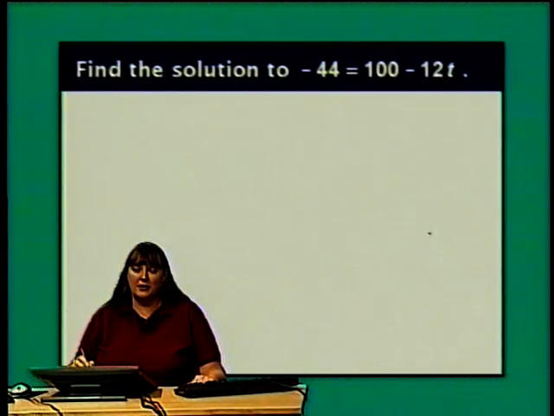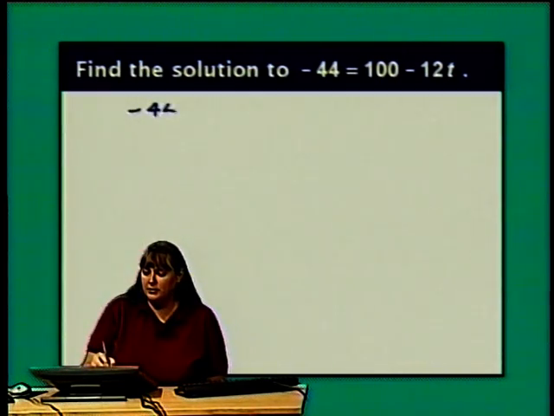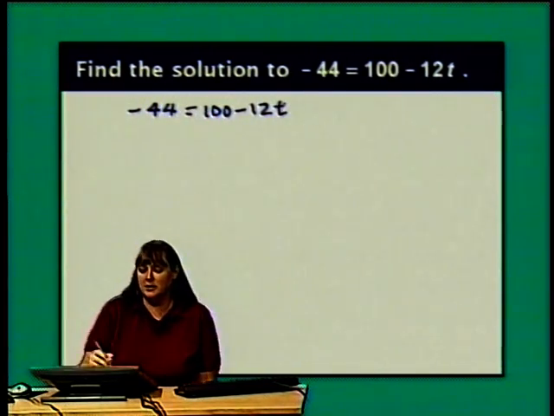So let's use this strategy to find a solution to negative 44 equals 100 minus 12t. So I start by noticing that I have a variable term, negative 12t, on the right-hand side. I'm going to move my constants to the left-hand side of the equation. I can do that by subtracting 100 from both sides of the equation.